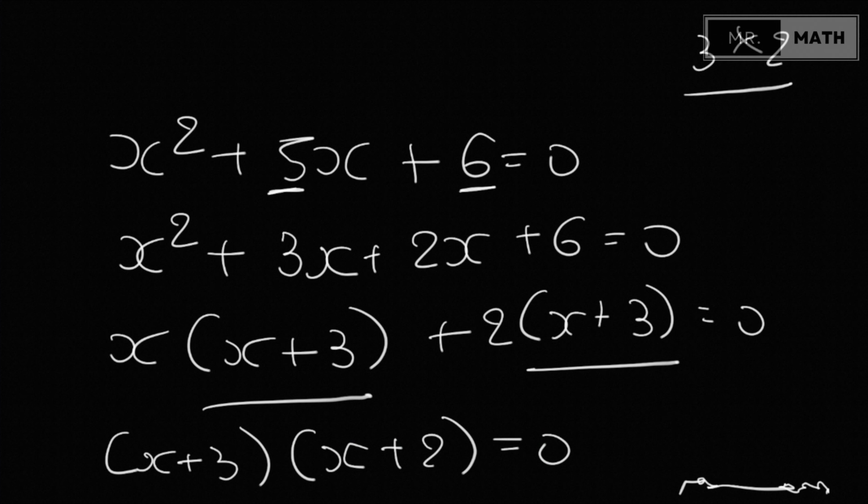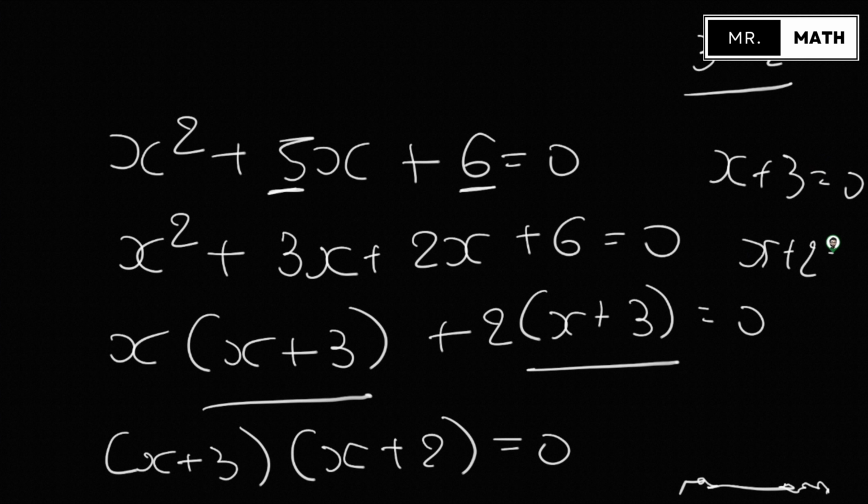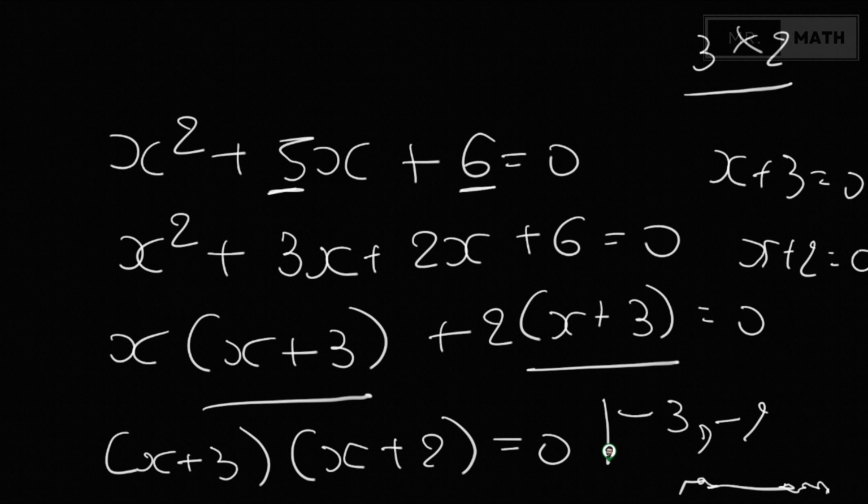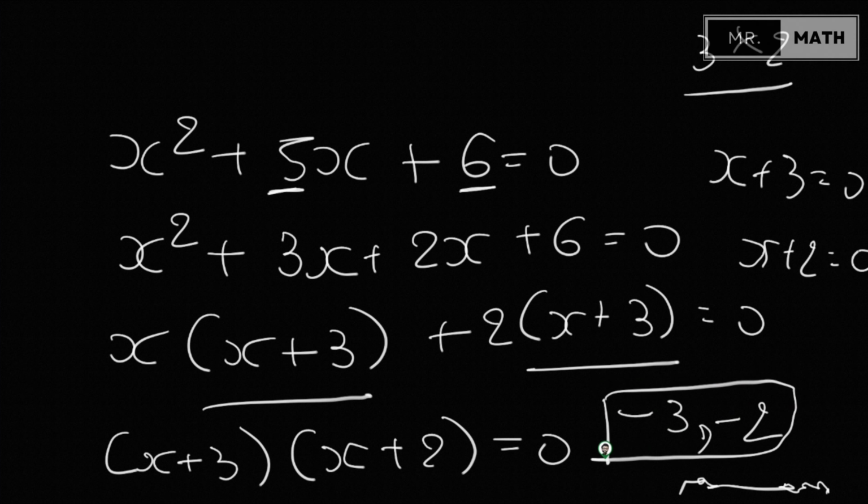So now again, if x plus 3 is 0, right, or x plus 2 is 0, then x is equal to minus 3 or x is equal to minus 2. These are the roots, correct? If x is equal to minus 3 or x is equal to minus 2, then this equation would be 0. So the roots of this quadratic equation are minus 3 and minus 2. Right, guys?